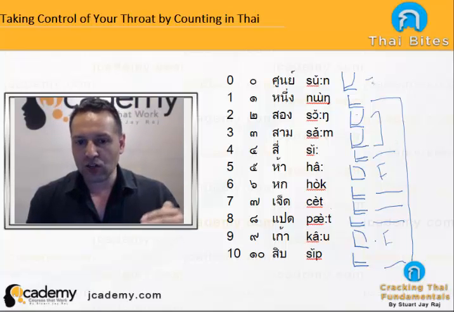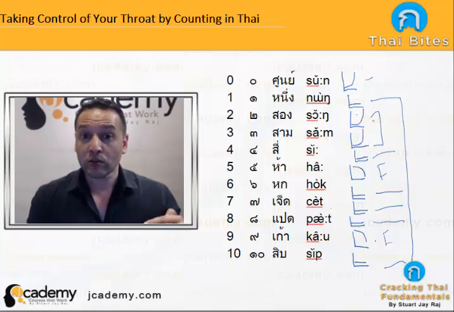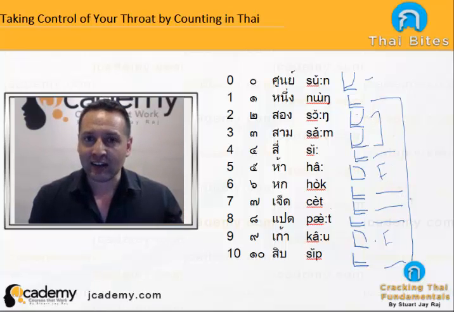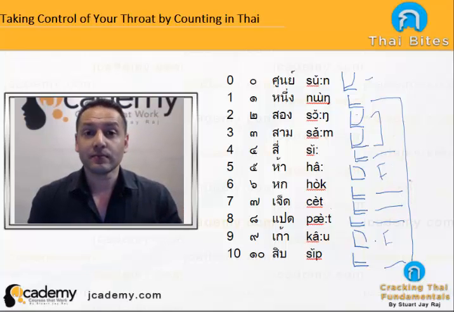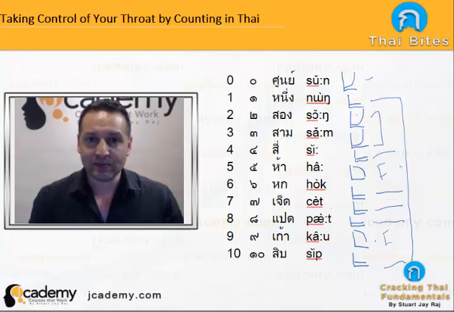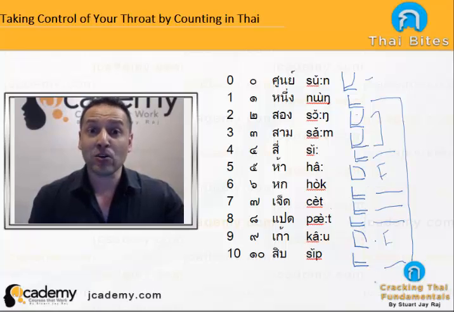We'll cut 0 out for the moment. Let's do 1 to 5. 1, 2, 3, 4, 5. Okay, now let's go on to 10. 6, 7, 8, 9, 10.